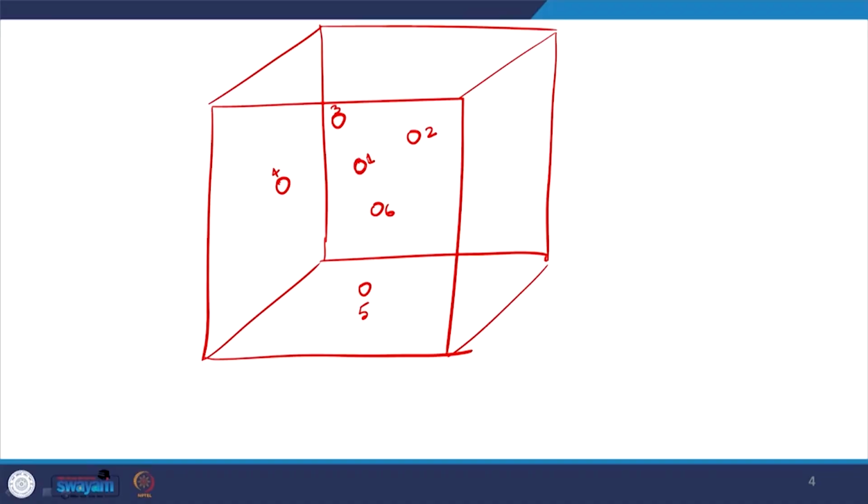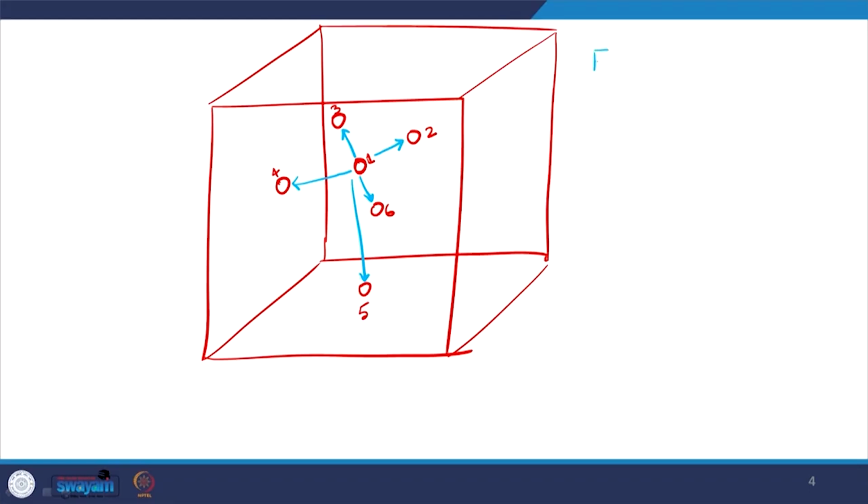For every particle, it is experiencing forces from every other particle in the system. So, if I have to find the net force on particle number 1, it is going to be a sum of the forces because of every other particle in the system.